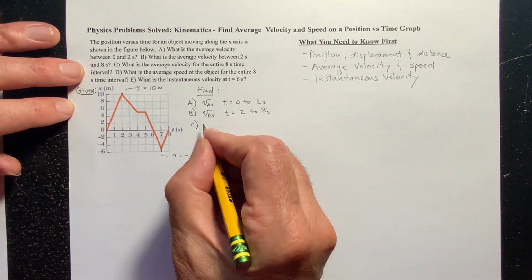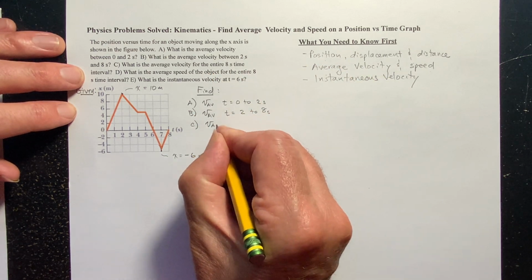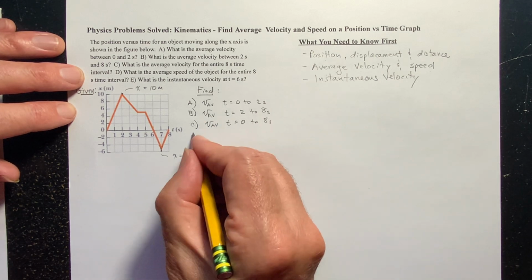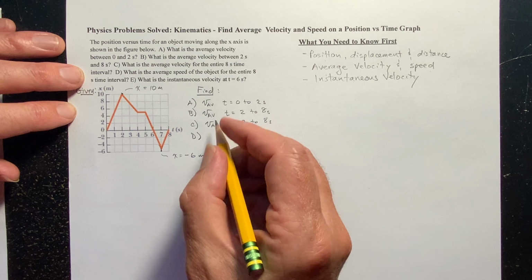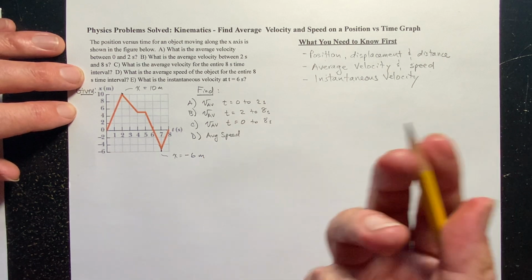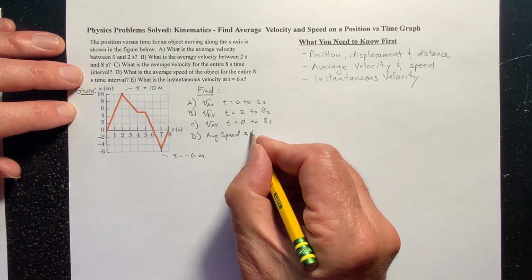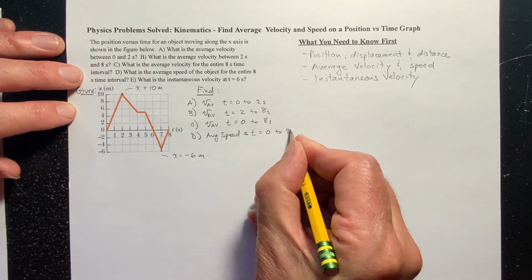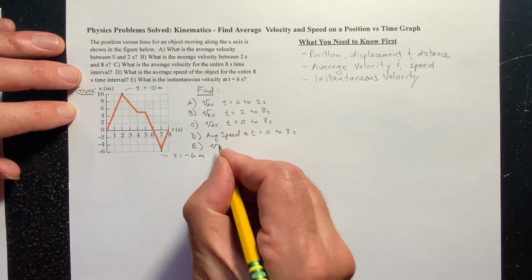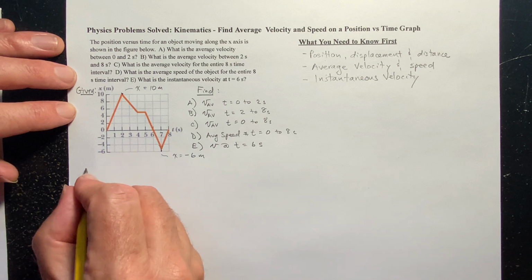And part C, what is the average velocity for the entire 8 seconds, so t equals 0 to 8 seconds. For part D, we want the average speed, and I don't know a variable that represents speed, so I just write it out: the average speed for t equals 0 to 8 seconds, for the entire time interval. And for part E, we want the velocity at t equals 6 seconds. So we'll solve it right here.